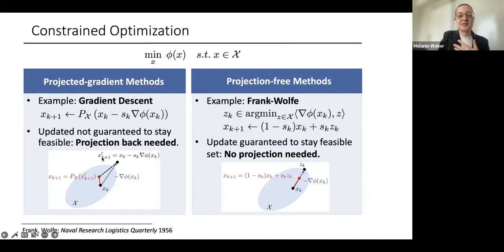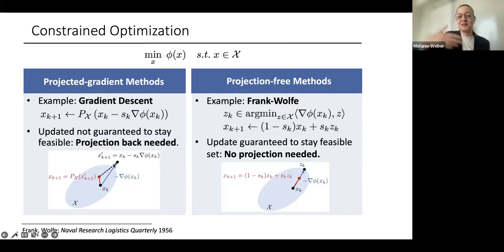And then we perform a standard gradient descent step, right? So we step with a certain step size in the direction of that gradient. And then, of course, that hasn't taken into account any of the constraints. So imagine we are in a setting like in this little sketch here, where our constraints are valid in this blue region here denoted with script x. And then that gradient descent step has not taken into account whether or not we are in the feasible region.